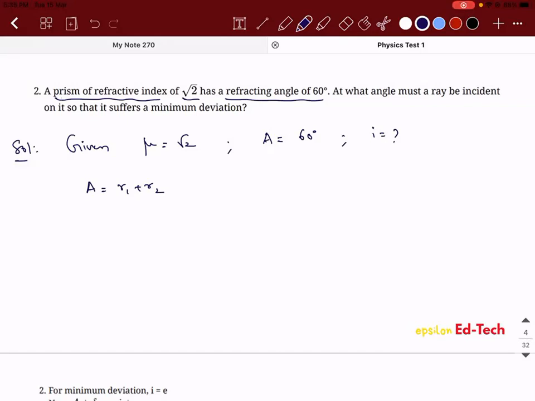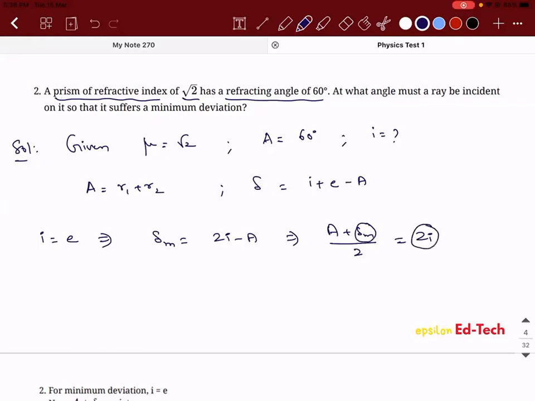Similarly, delta is I plus E minus A. But during the minimum deviation condition, I will be equal to E, which implies delta M is equal to 2I minus A, which implies A plus delta M by 2 is equal to I. So our job is to find the angle of minimum deviation. Once you get it, then you can substitute it here so that you will get the angle of incidence.